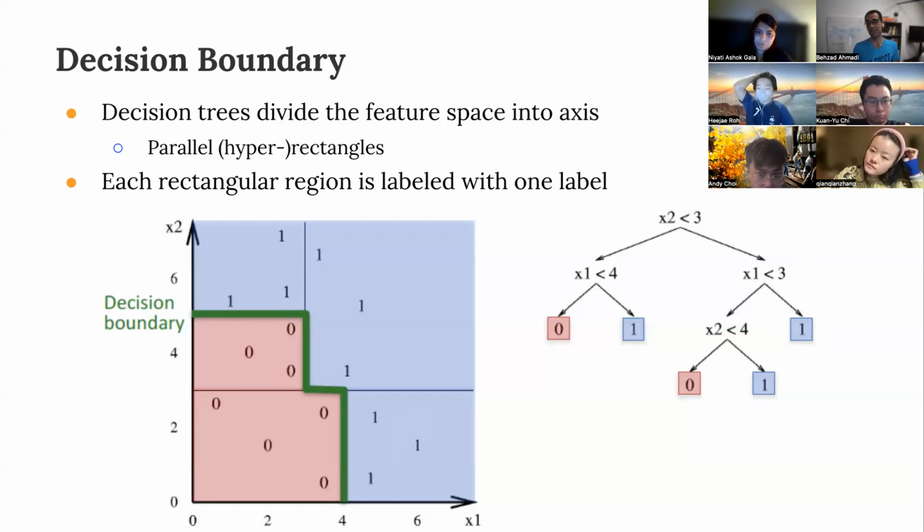Now the question is, is this the optimal way of doing it or not? Should we really start by asking whether x2 is smaller than 3? Can someone tell me, and it may not be the easiest question, is this the right way to start, with the x2 smaller than 3 question at the root node?